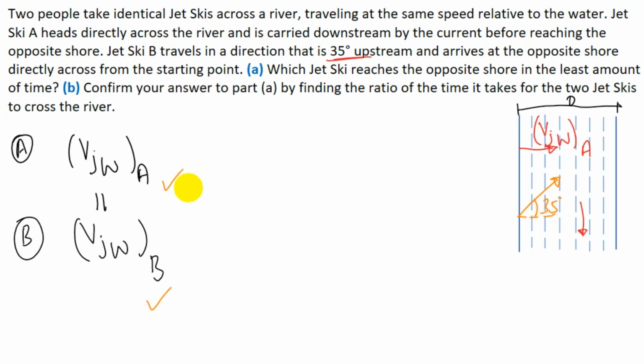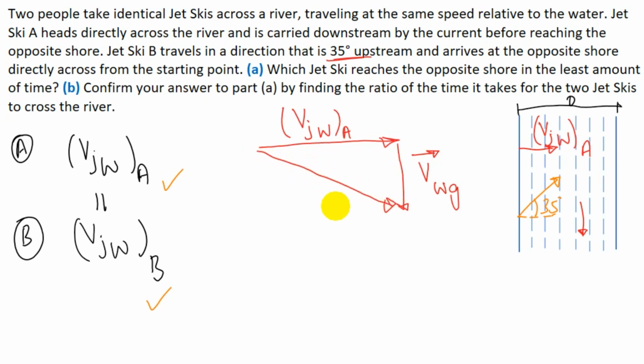Now first I'll be drawing the velocity diagram for jet ski A. It starts like this. This is the velocity of jet ski relative to water, for A, and this is the velocity of water relative to ground. Now what would be this? This will show the velocity of jet ski relative to ground.